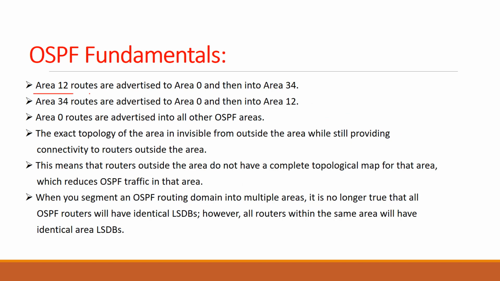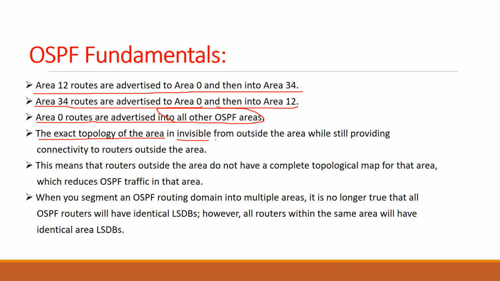So, Area 12 routes are advertised to Area 0 and then into Area 34. Similarly, Area 34 routes are advertised to Area 0 and then into Area 12. Area 0 routes are advertised into all other OSPF areas. The exact topology of the area is invisible from outside the area.